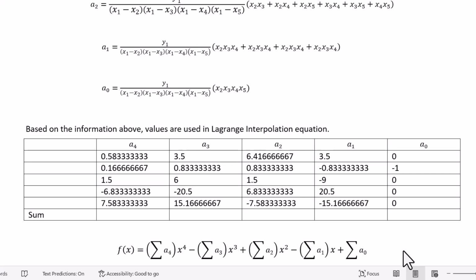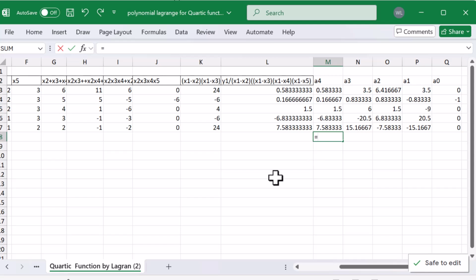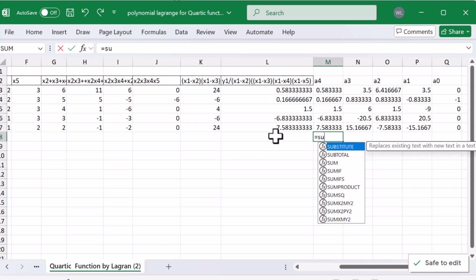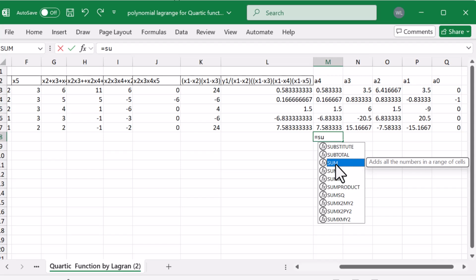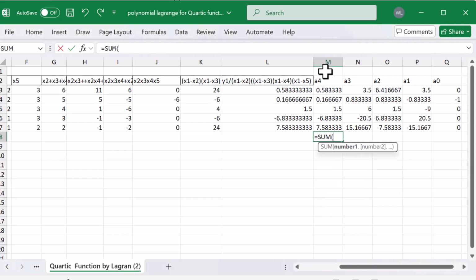Let's go to Excel to work out the summation. Put an equal sign and a sum. Then highlight the values in A4. Enter.